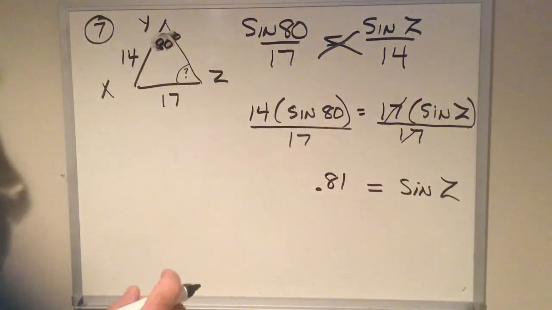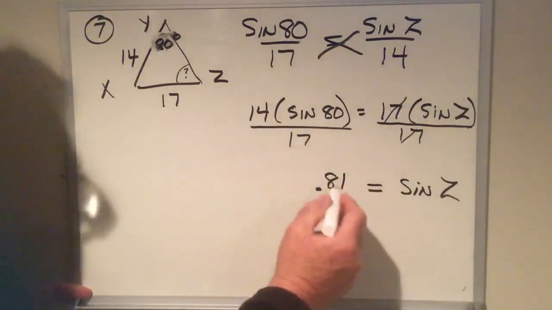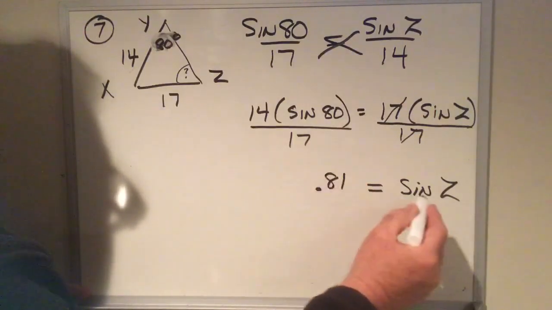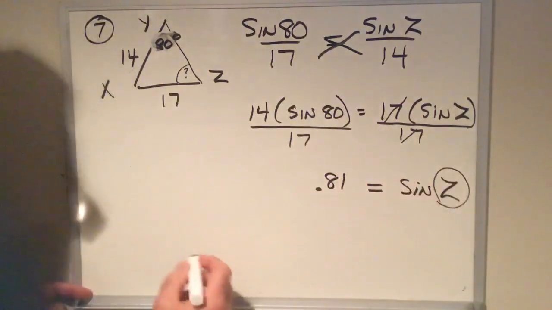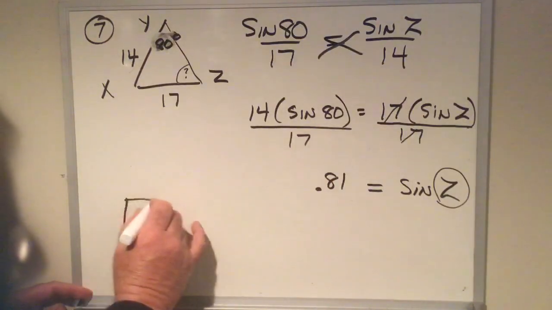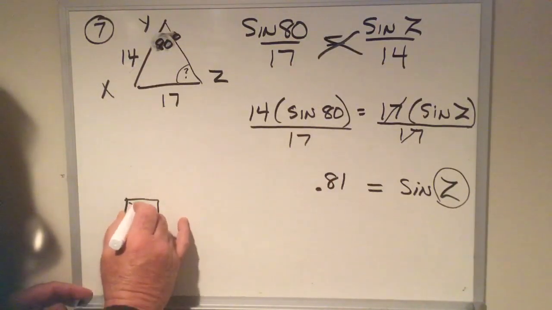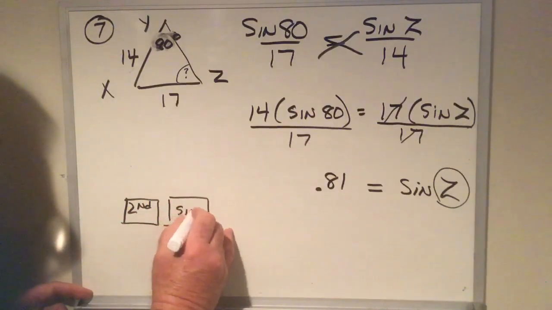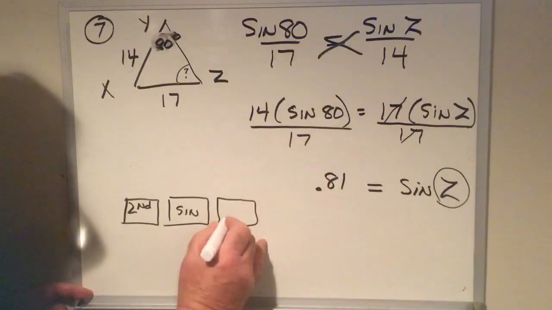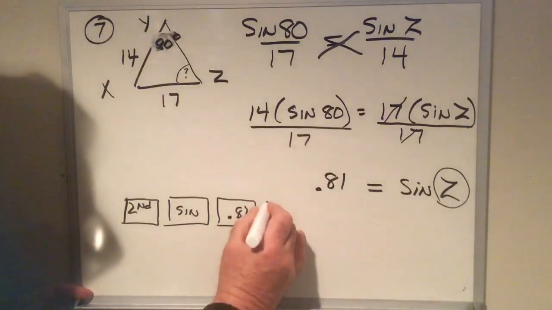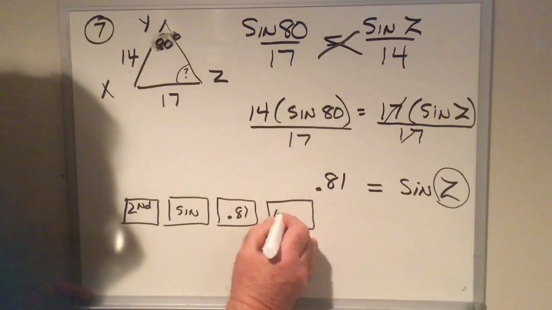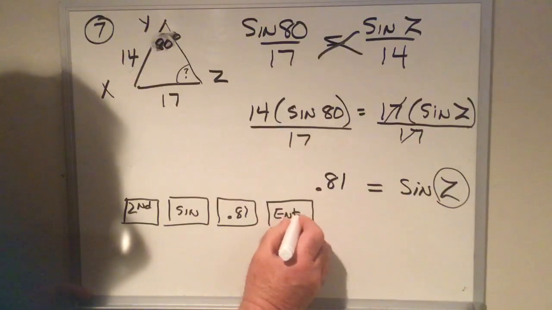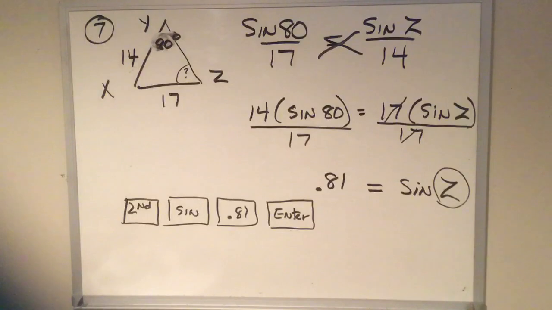Now, for about almost 2 weeks now, a week and a half, we've been trying to figure out this angle measure by doing what in our calculator? We hit second sine, 0.81, enter. Those are the calculator strokes. All right, second, that's going to kind of back out the angle measure out of your calculator.